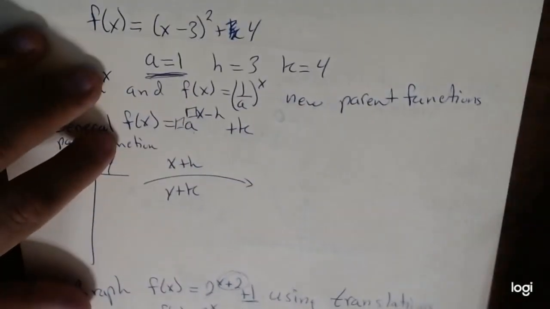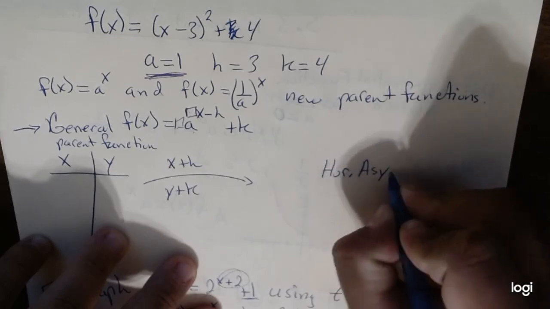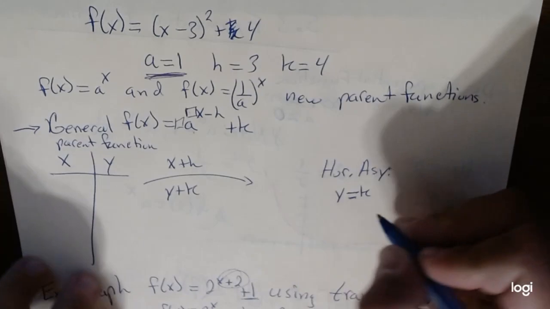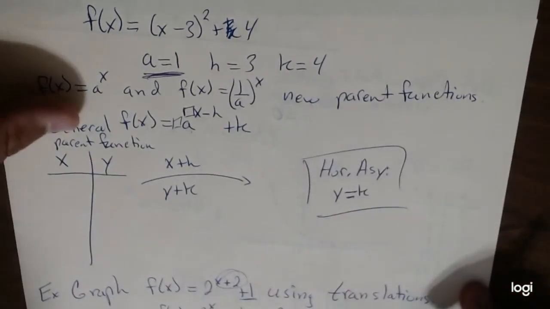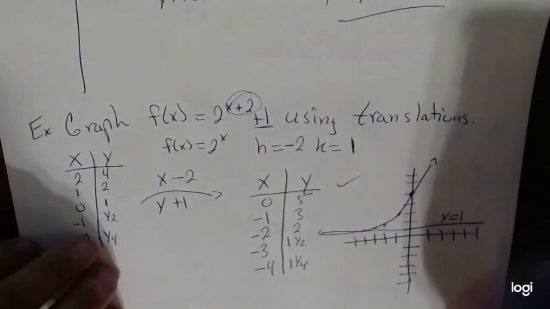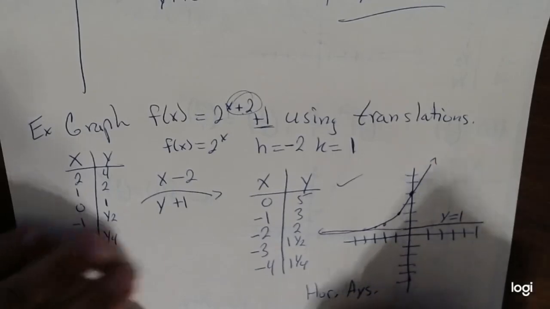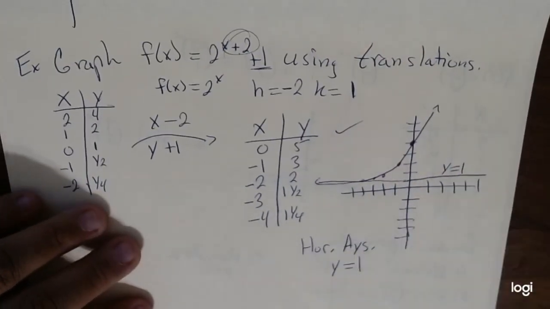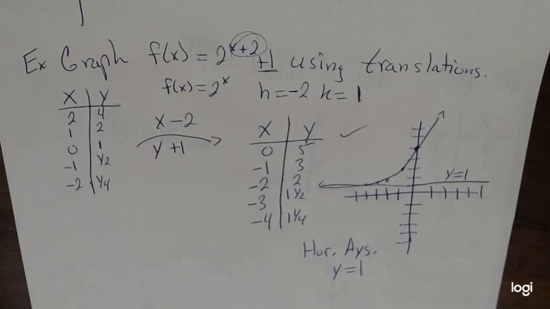In general, our horizontal asymptote will always be the line y equals k. In this case, the k value is 1, so our horizontal asymptote is the line y equals 1. It does not cross y equals 1. All right, so let's try one more example so you get a little more of a hang of this as well.